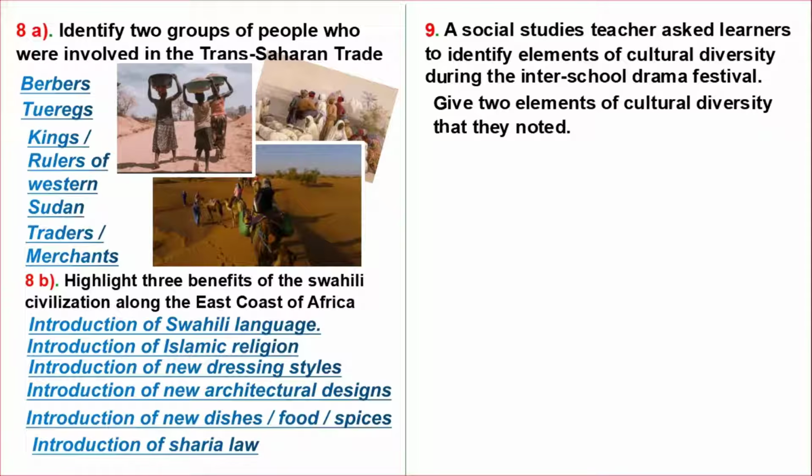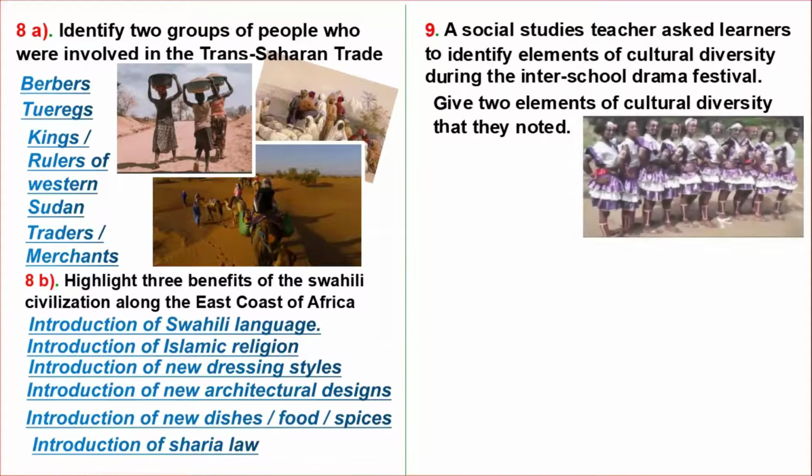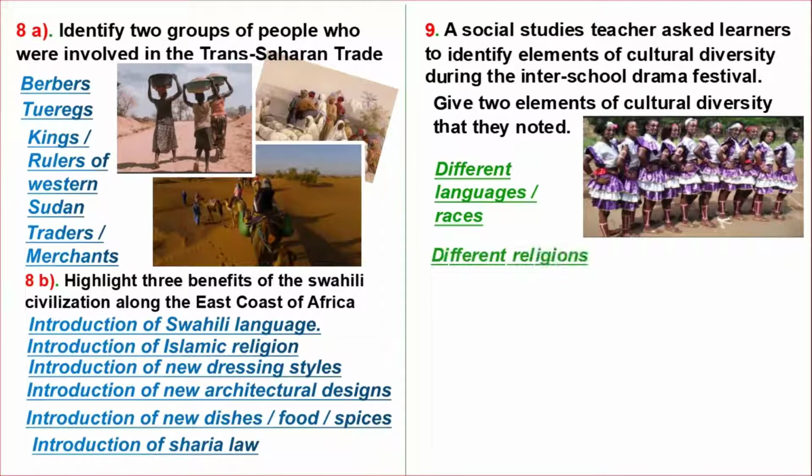2 marks. So cultural diversity that these people have learned during their inter-school drama festival, we can say different languages. That is one of the elements. Different races or language. We have also different religions.